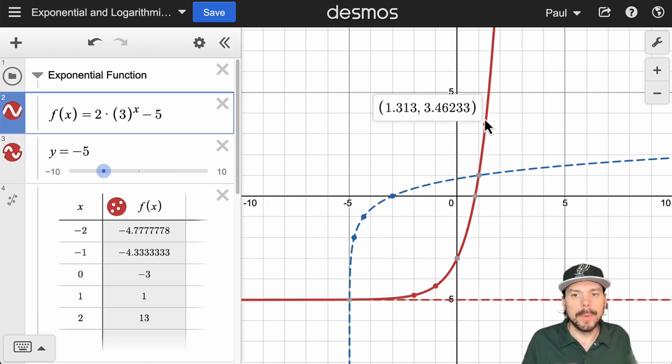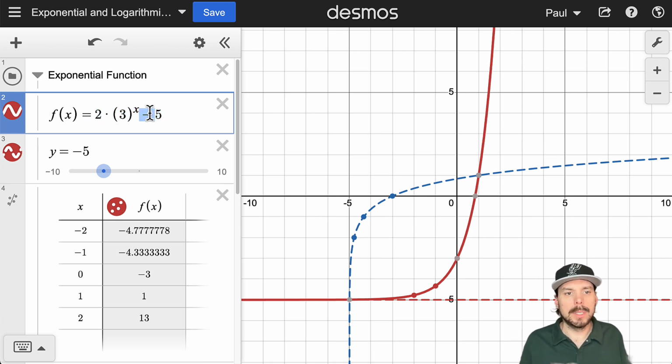But really, the reason why I wanted to include these 3 specific transformations is because I chose different numbers, 2, 3, and 5. I put a negative on the last one to see how that looks. Maybe later in the video we can try and see what happens when we put a negative on the coefficient, see how that changes it, as well as maybe making that a decay function instead of a growth function.